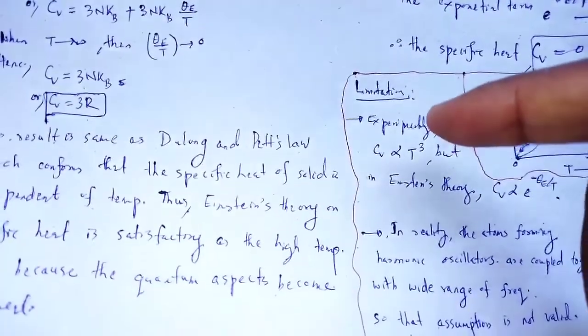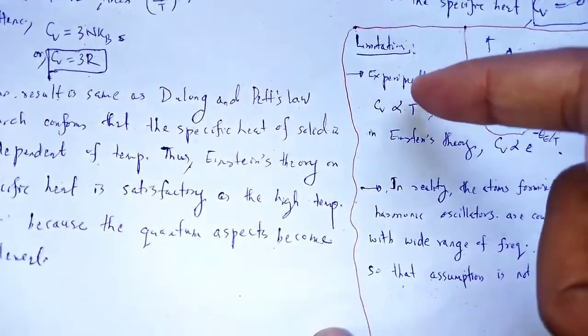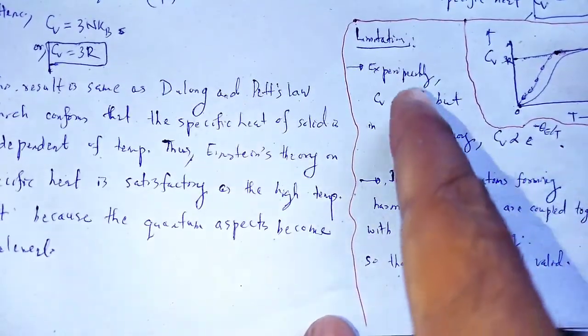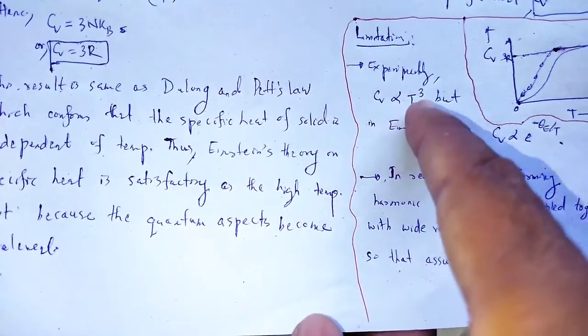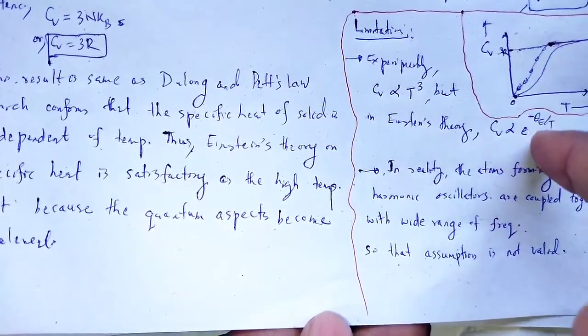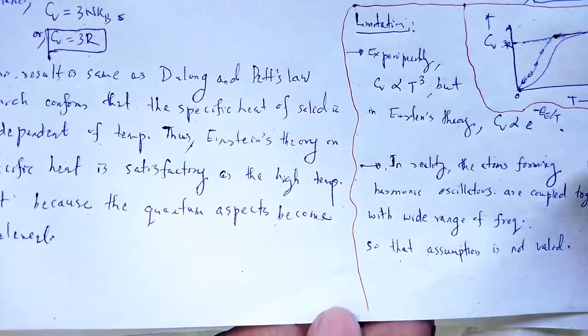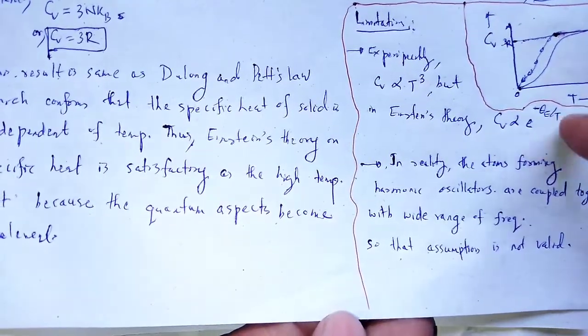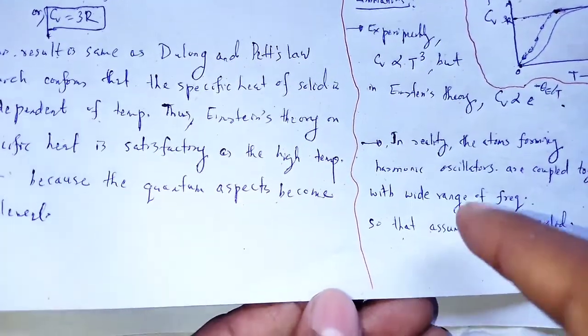Then the limitations of Einstein's theory of specific heats in solids, two limitations. Experimentally we show Cv is directly proportional to T cube, but according to Einstein it is directly proportional to e to the power minus theta e by T. So, that can be further simplified by using Debye model of specific heats in solids.